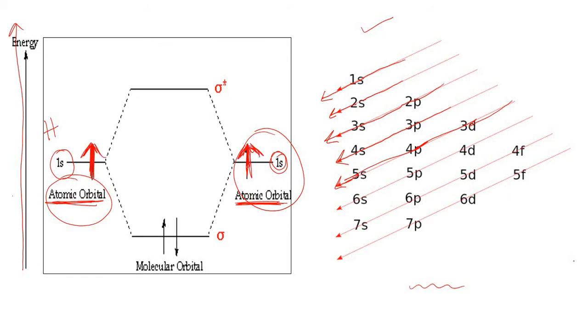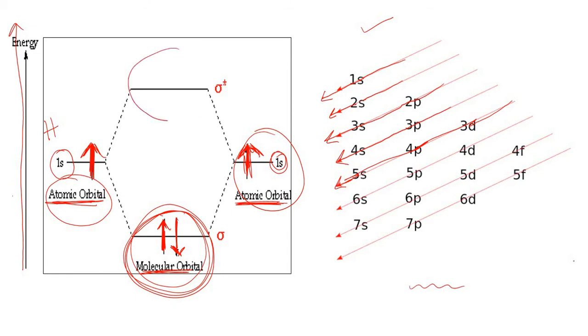When they are involved in overlapping, first it results in the bonding molecular orbital. Therefore the two electrons occupy it with opposite spins, one in this direction and the other in this direction. So this forms a bonding molecular orbital.